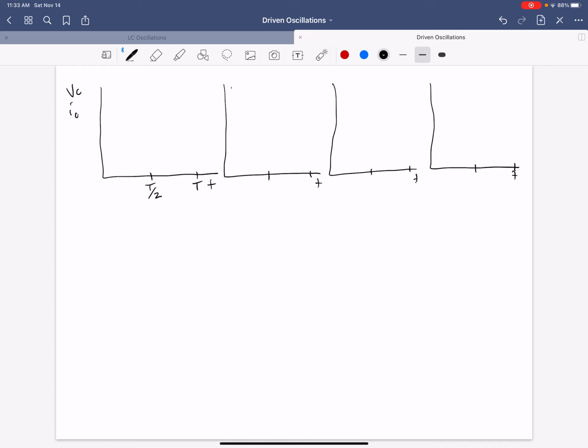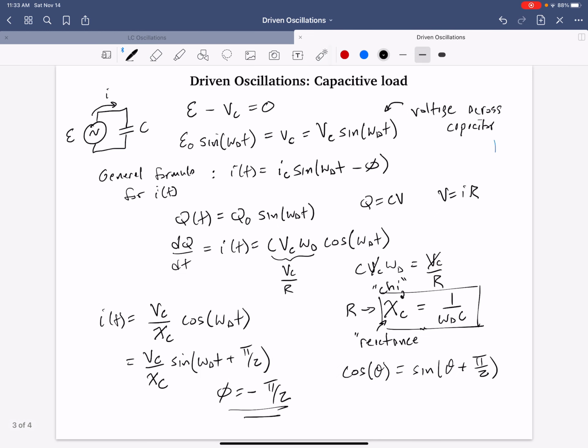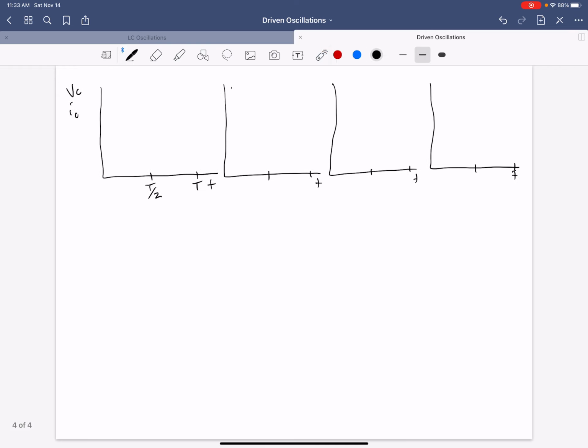Okay, so at the start, let's graph the voltage. Okay, so just some hypothetical voltage amplitude. Oh, blue, that's right. There, something like that. Such that this is V of C.